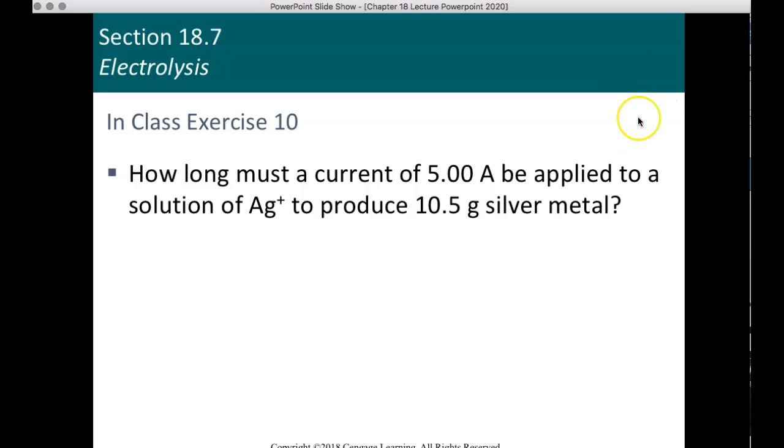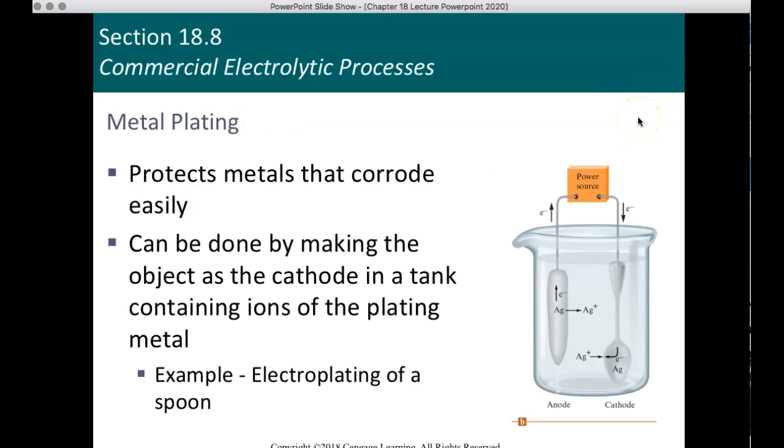I'll do another show me video. All right, so again, this is the same slide. This has a lot of practical applications. It's how silverware can be made, quote unquote. It's how silver jewelry can be made.